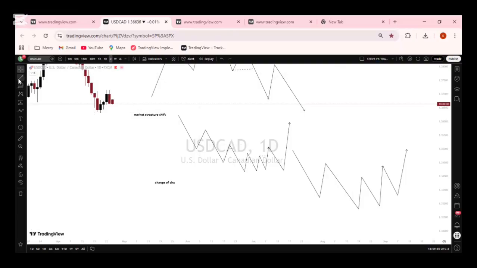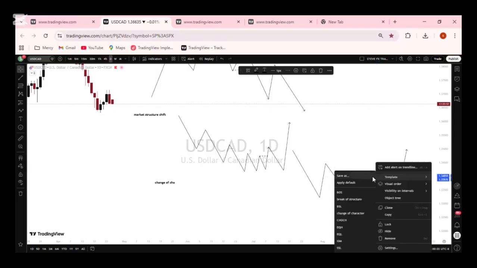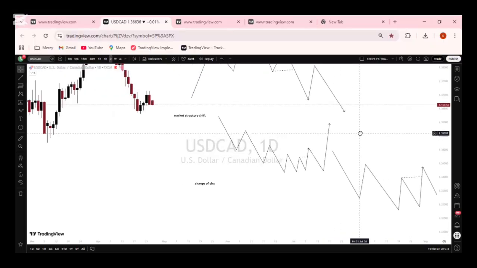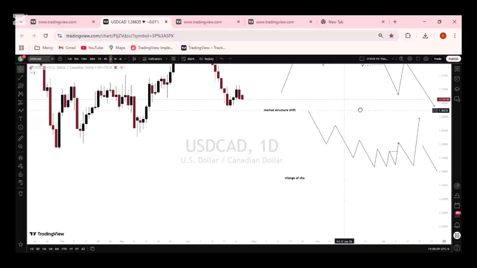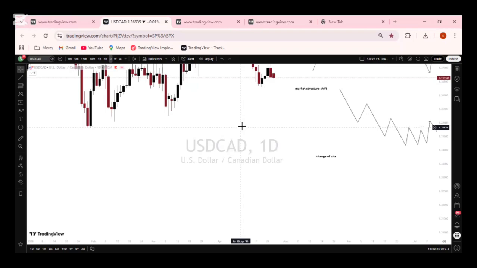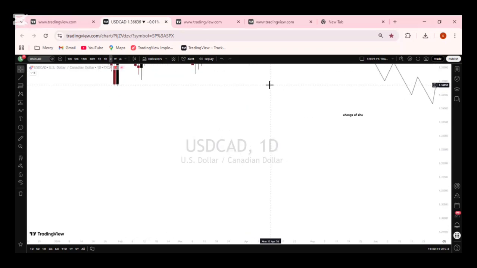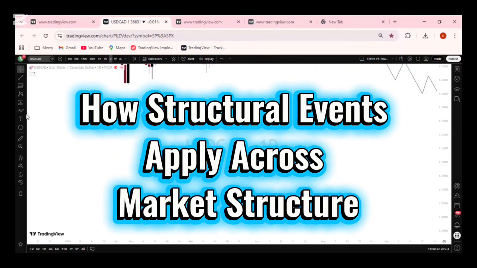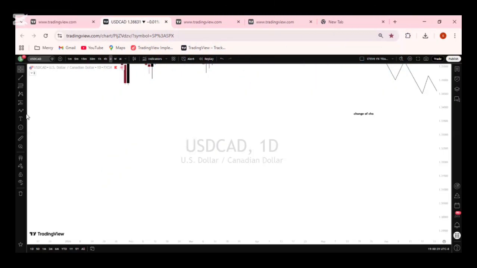So you need to understand them properly when you see them on the market. From our previous lesson, we talked about the types of market structures: the major structures, the external structures, and the internal structures.